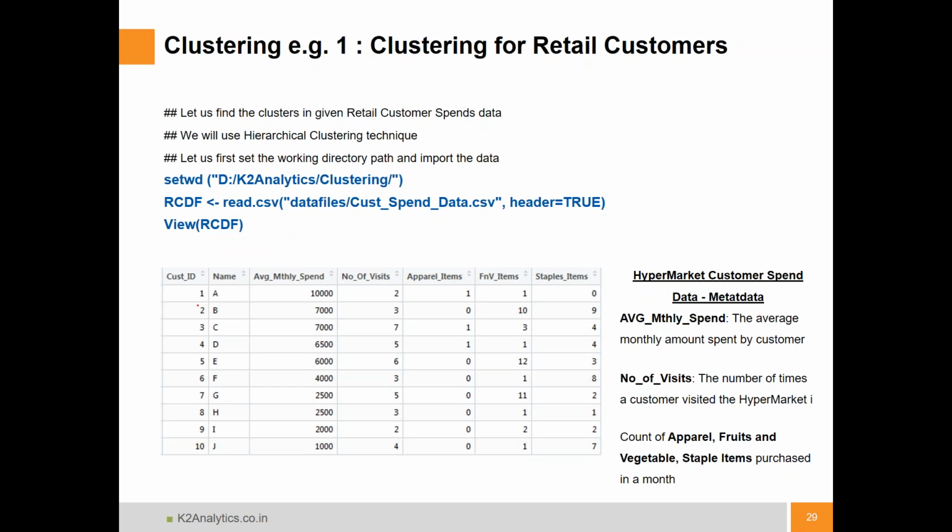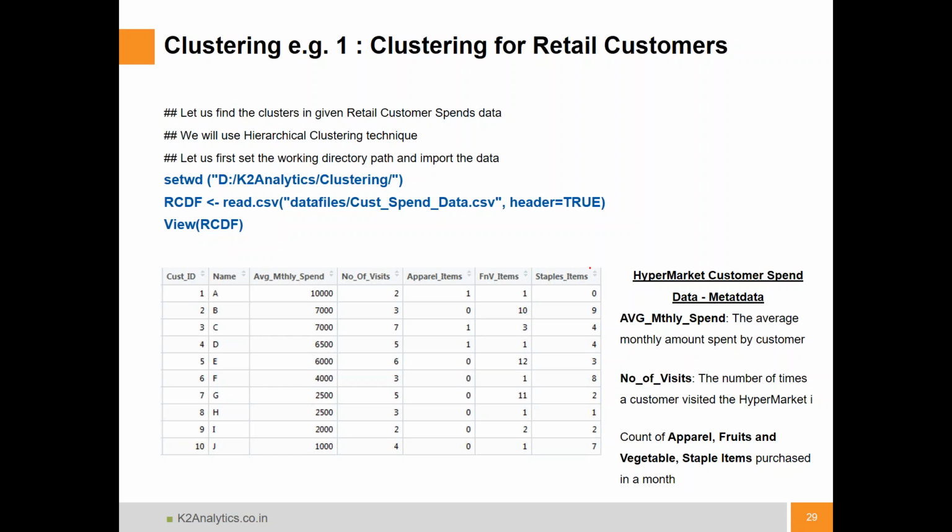The data points are the average spend of the customer, how many visits they make in a month, and which departments they shop in, whether apparel, fruits and vegetables, or staples and groceries. So these are the various simple data points that I have.